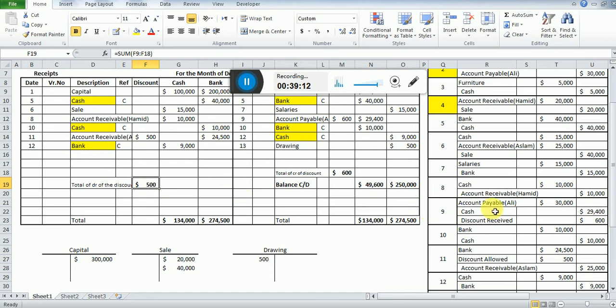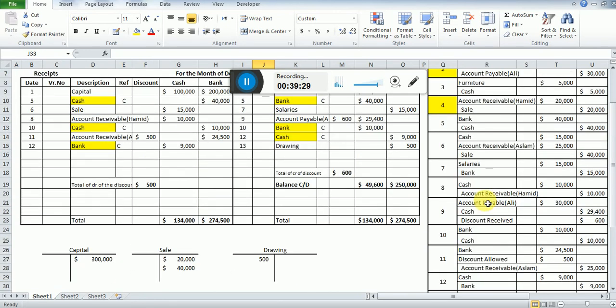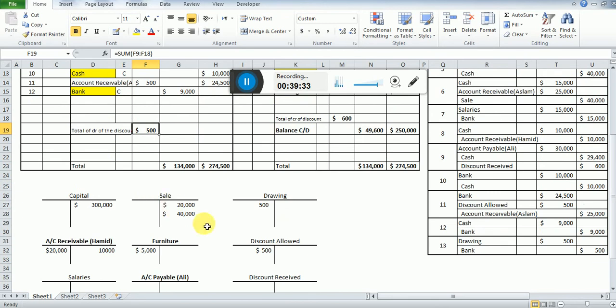Also you can take it from here. So look here, we have the discount allowed account, and that is only here. So the discount allowed account is debited $500. Do we have any other discount allowed value? No. Why? Because from here you can also know that the total is $500, and we have debited it.